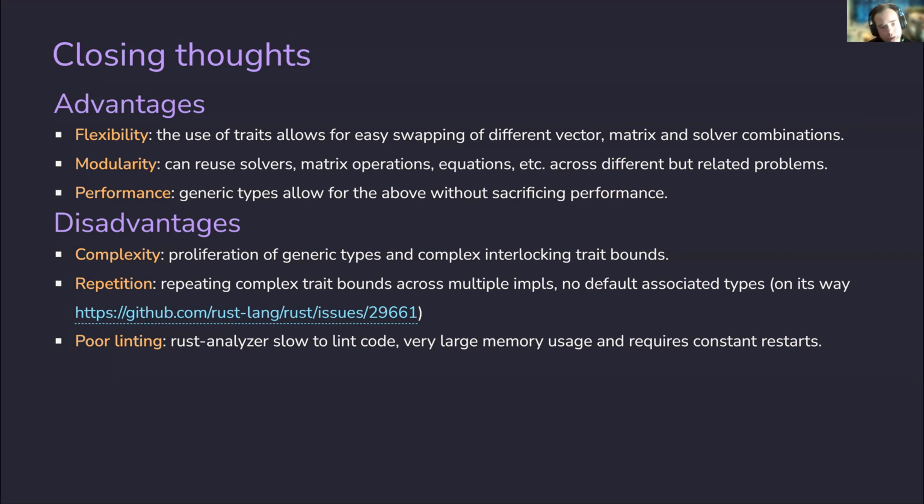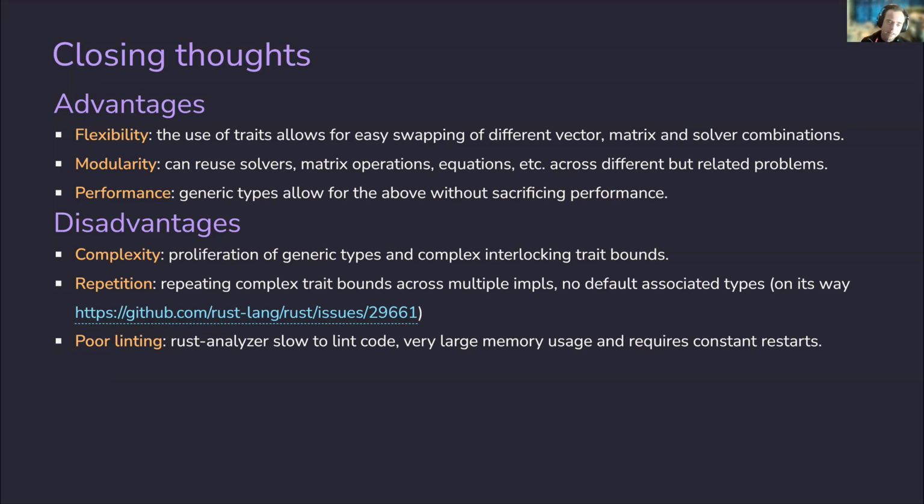Of course, this comes with a few downsides as well. A lot of the type information is quite complex, and satisfying the trait bounds can be quite difficult at times and give you some quite complicated compiler errors. It's nowhere near as bad as C++ templates, for example, but still not great.